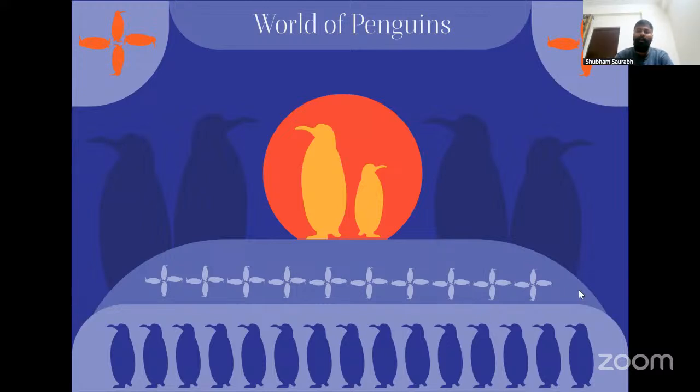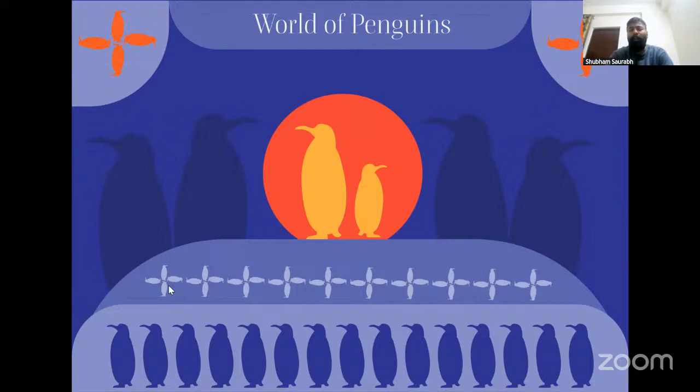Here you see there is a sense of focus. These two penguins are really focused because they are in the center and in a highlighted color. Then you see other penguins that are bigger in size but in a lower opacity. Then you see a lot of penguins in a pattern, like a linear pattern, and penguins arranged in a radial manner.